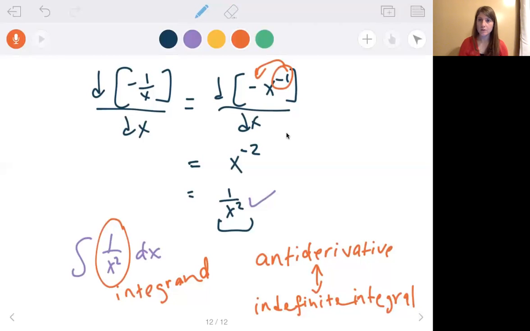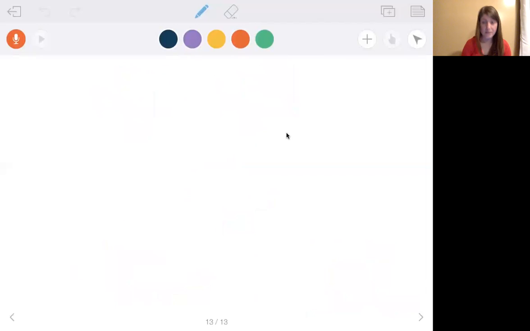So let's take a look at what we have so far. What we know so far, rules for integrals, is the power rule. So the power rule tells me, n cannot equal -1 at the top here.